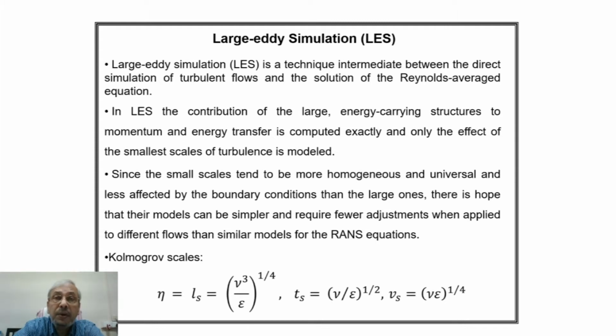And as we know, at scales smaller than the Kolmogorov scale, viscous dissipation takes place and they destroy themselves.